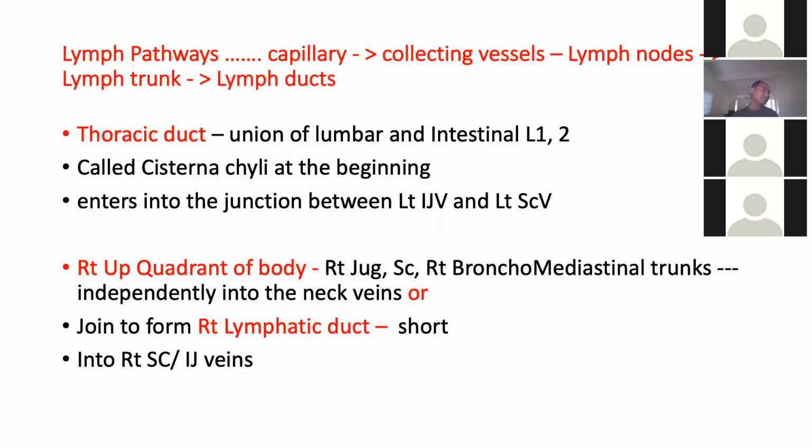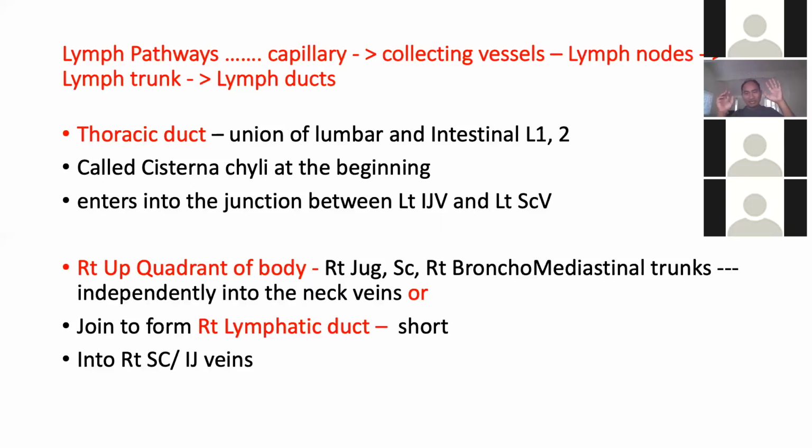The right jugular trunk will go into one of the neck veins, and the right subclavian trunk will go into the neck vein. Might be a combination, it doesn't really matter. They just go into the veins on the right side. Sometimes they do join. That is called the right lymphatic duct, which is short and not as important a structure.